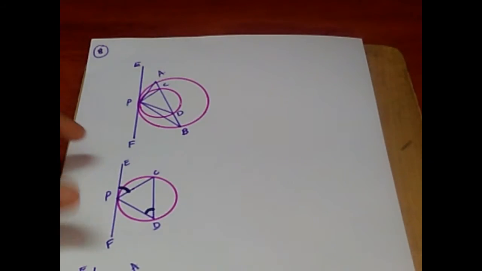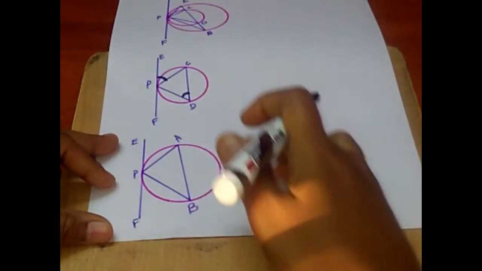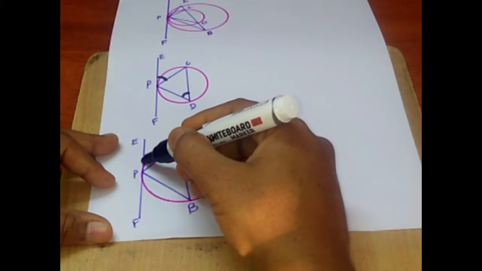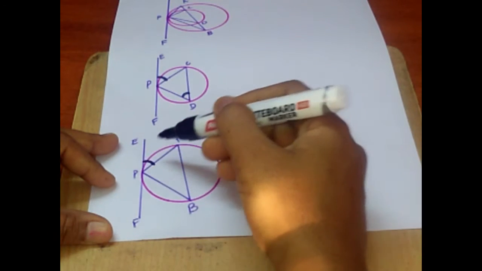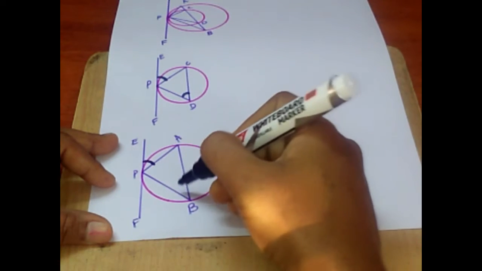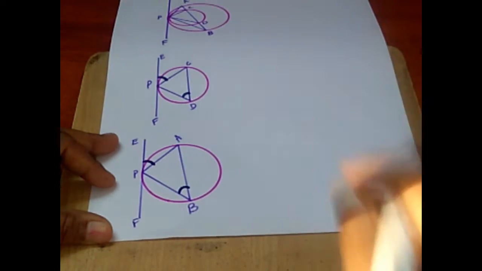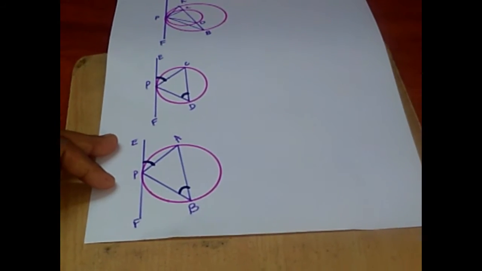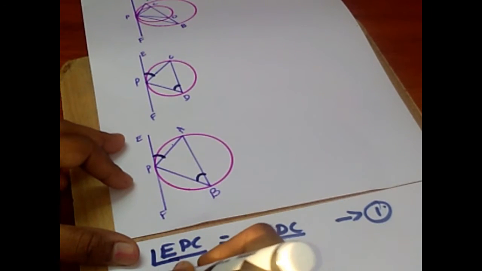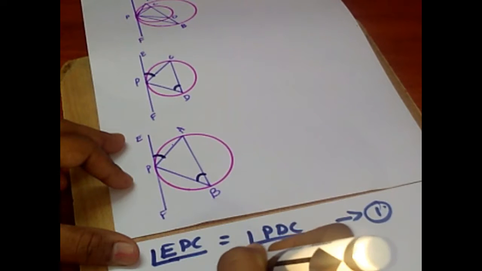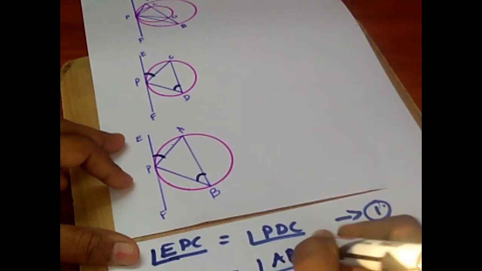In the same way, children, consider the other circle, that is the bigger circle. Here also, at the point P, the intersection point of a tangent and a chord AP, the angle in the alternate segment is angle ABP. So let us write the second result, angle EPA is equal to angle ABP.